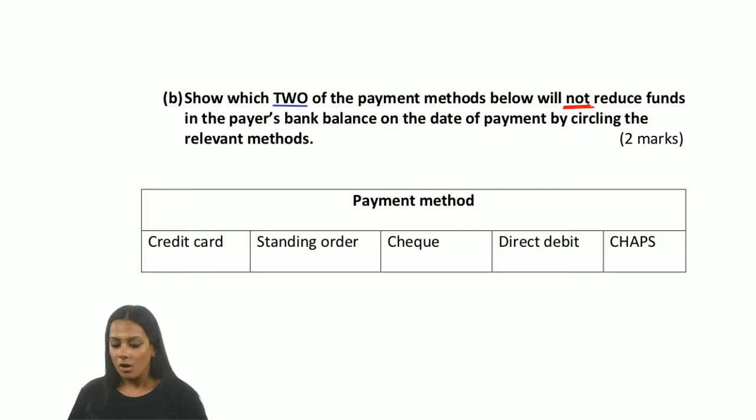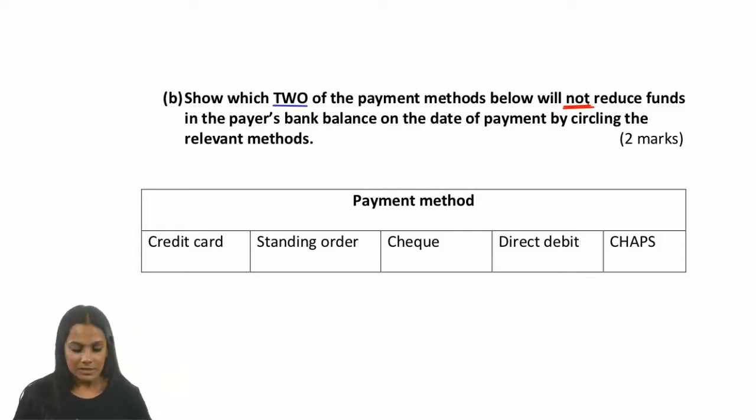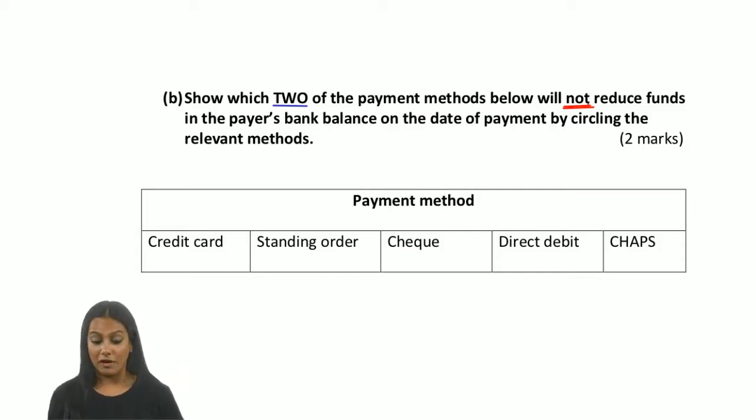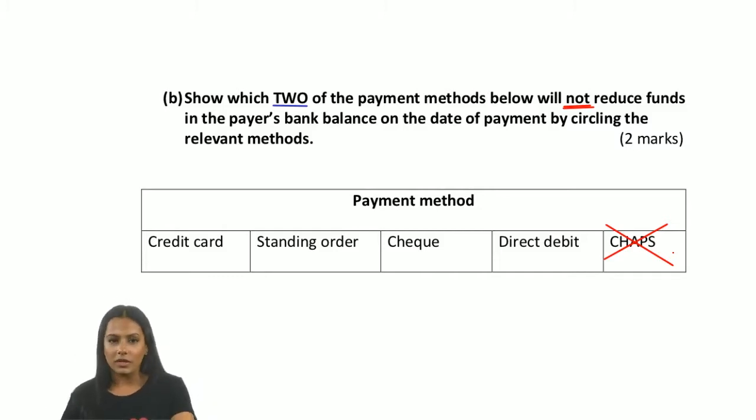Okay, well, I can see I've got 5 payment methods. Well, I know CHAPS is definitely not one of the answers, because CHAPS is where the money is going to be leaving the bank account on the very same day the instruction took place. Okay, so I'm looking for something that will not automatically reduce the balance on the bank account.